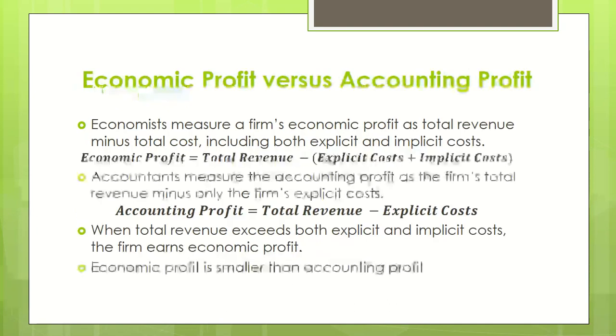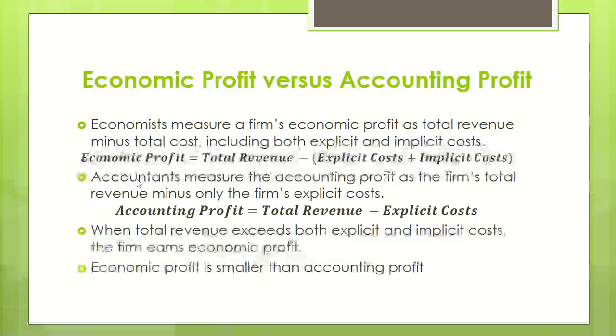So next one is economic profit versus accounting profit. Economists measure a firm's economic profit as total revenue minus total cost, including both explicit and implicit costs. That can be written as economic profit is equal to total revenue minus explicit costs plus implicit costs.